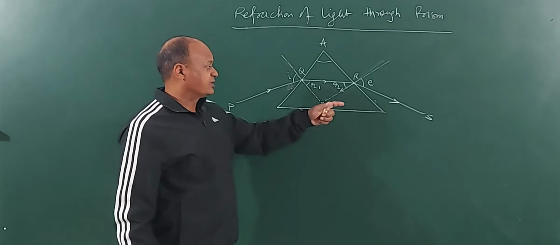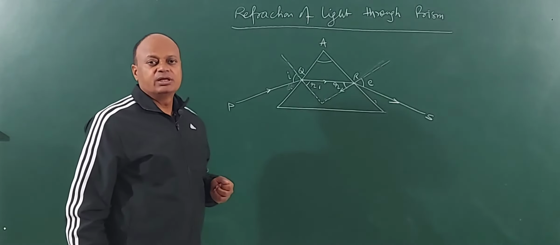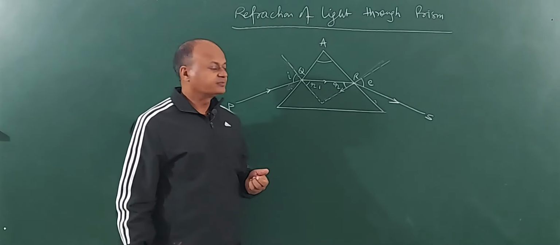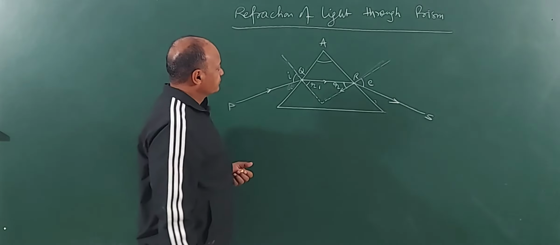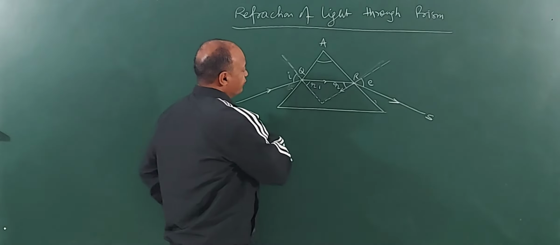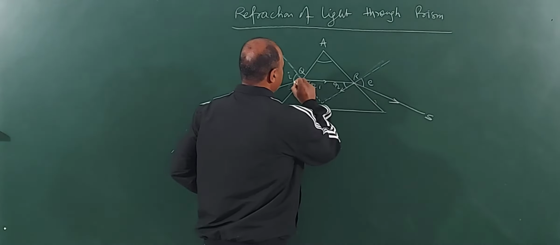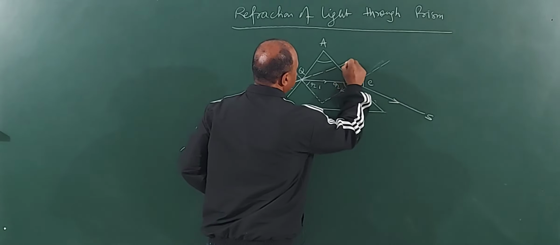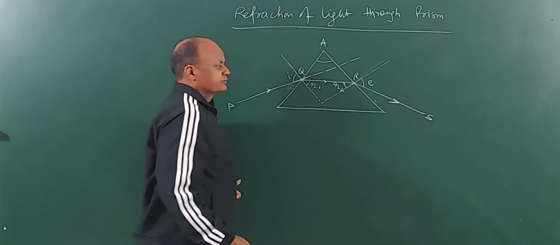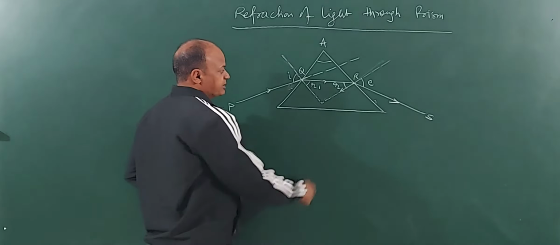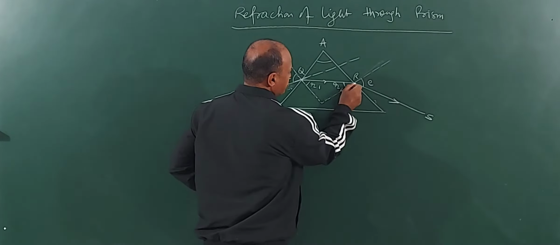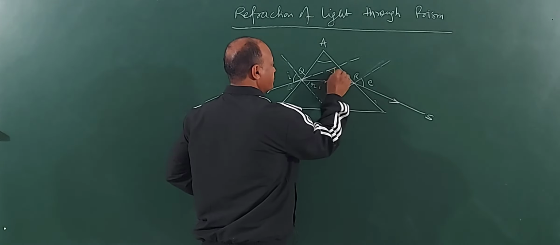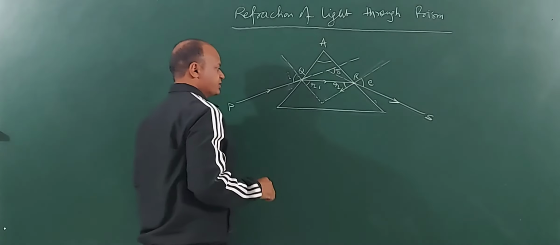Now when a light ray is refracted through a prism, then mathematically it follows two rules. But before we discuss these two rules, we will show here the angular deviation. This is how the original ray was going, and this is how the emergent ray is going out of the prism. If you extend it backwards, so children, this will be the angle of deviation.